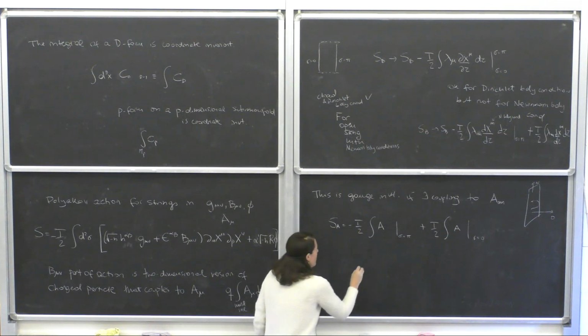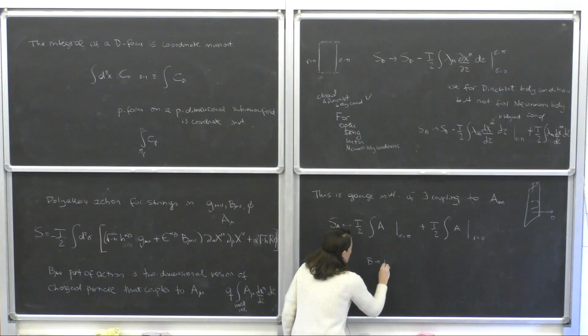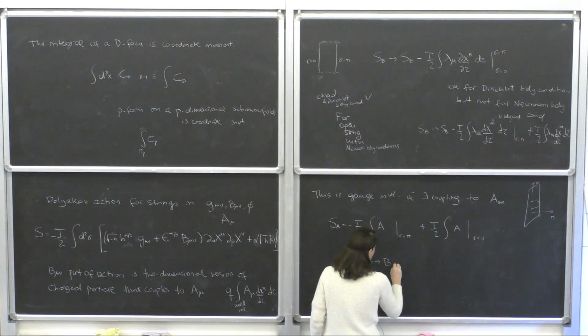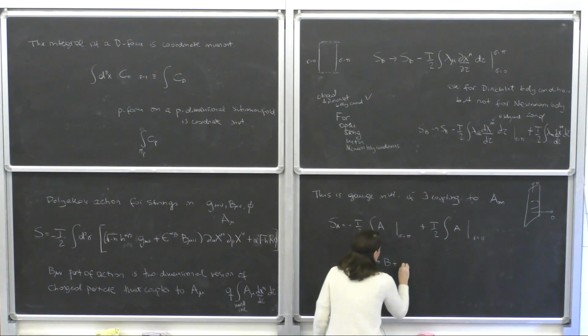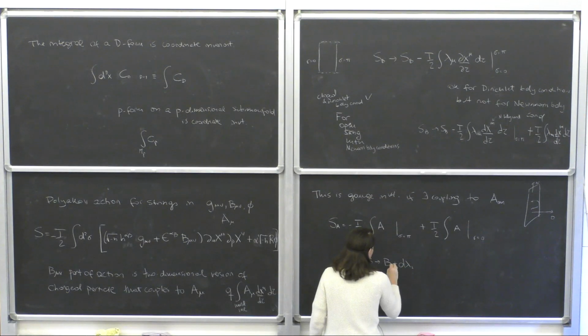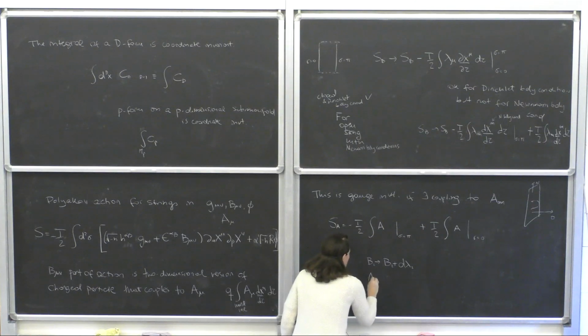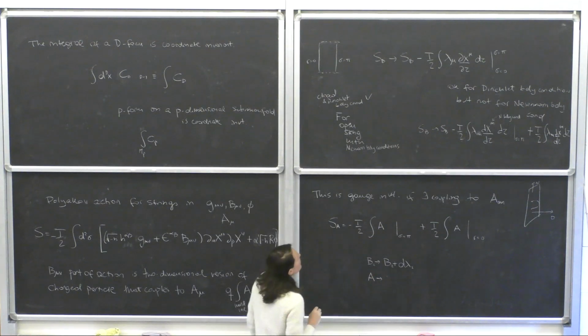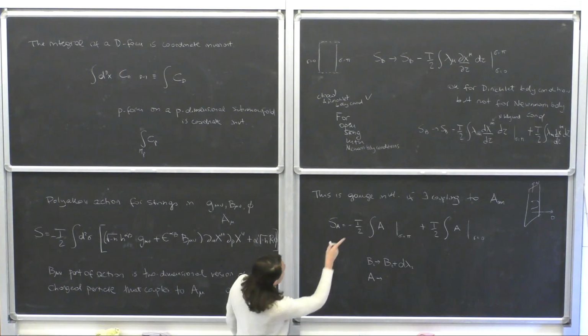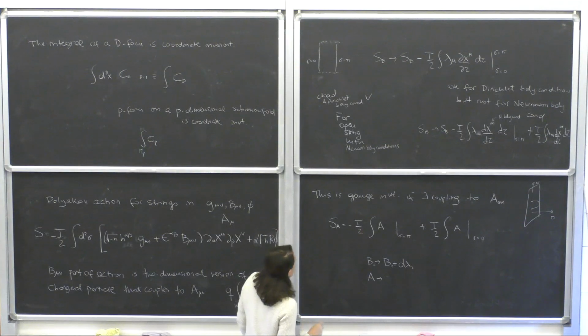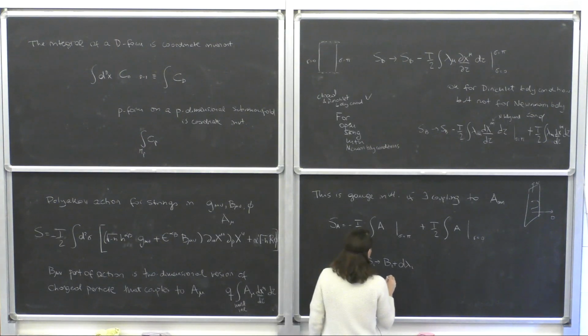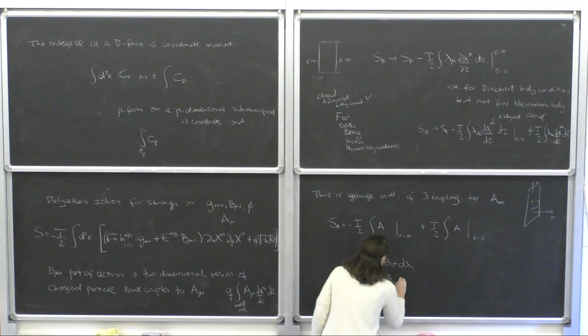And then I say that whenever B goes to B plus d lambda 1, B2 goes to B2, A should go to A. So I want to cancel that term, so minus A should go to A. So A1 should go to A1 minus lambda 1.